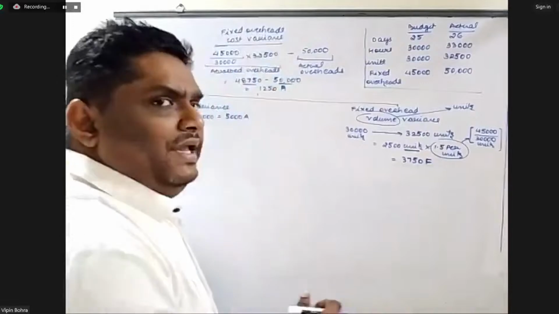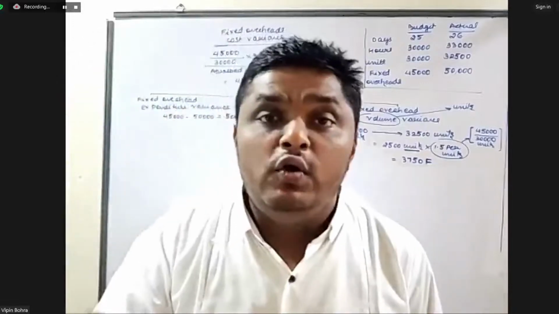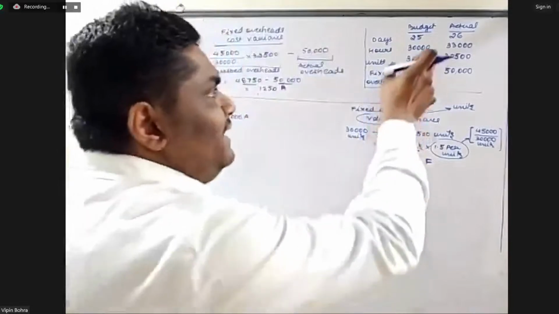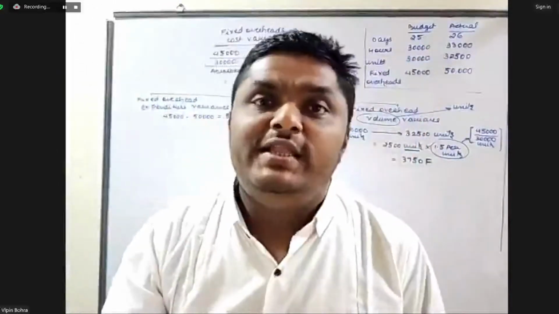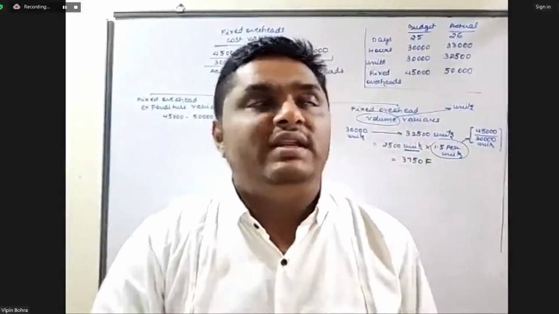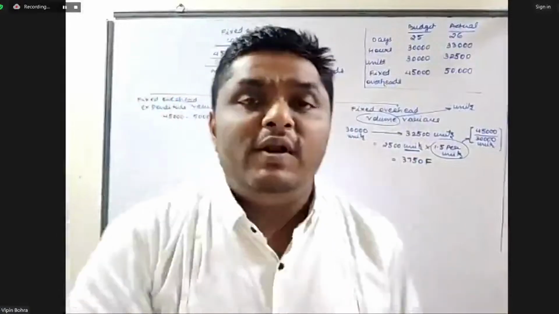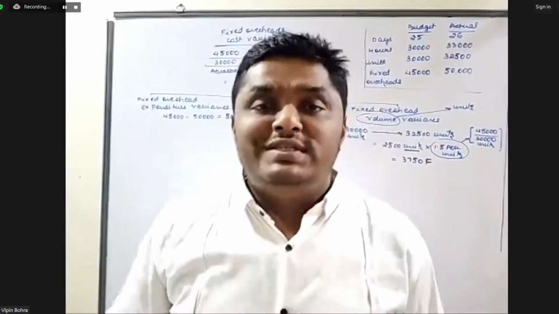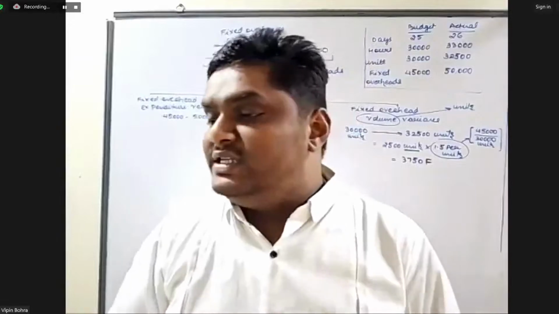So I repeat again, guys, when talking about volume variance, it talks about the number of units. That is, how many units should have been manufactured and how many units we manufactured. So how much extra number of units did we manufacture? 2,500. So it's a good sign for the company. So that's why it is favorable.